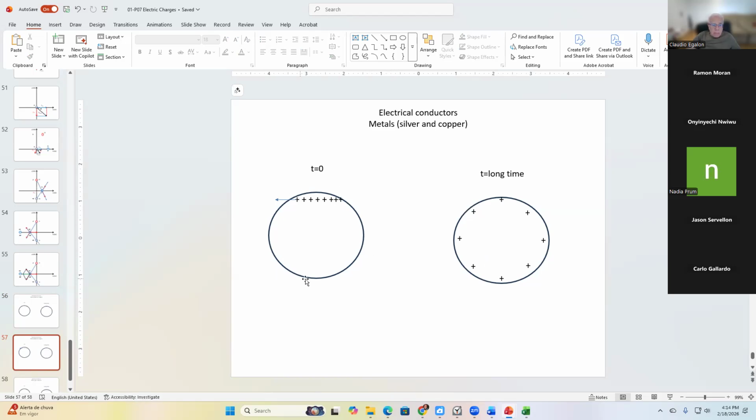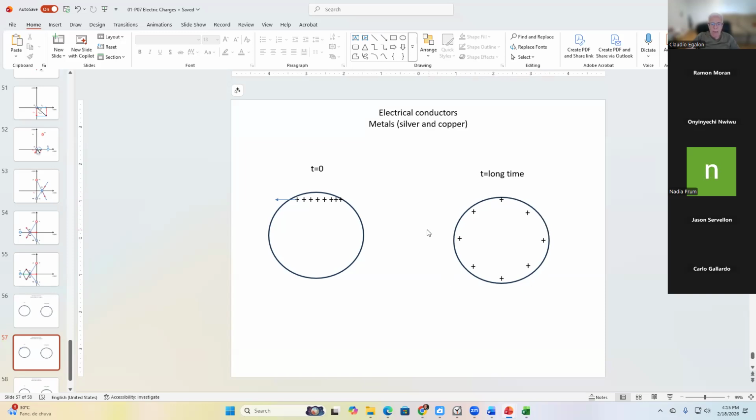Because those charges can move freely in this conducting material, eventually there will be a point of equilibrium in which all the charges are positioned at the edge of this conductor.